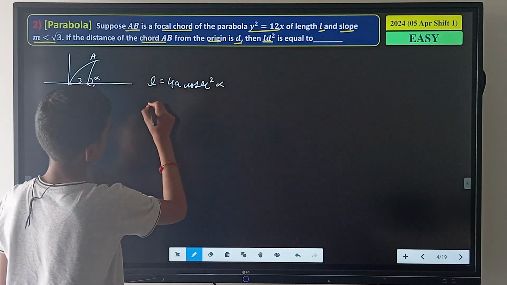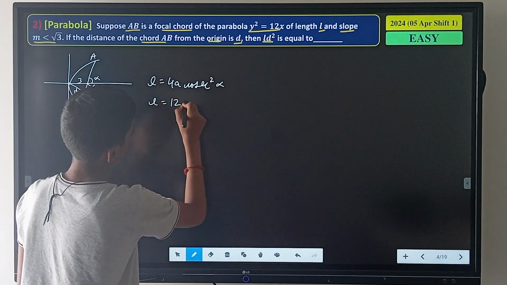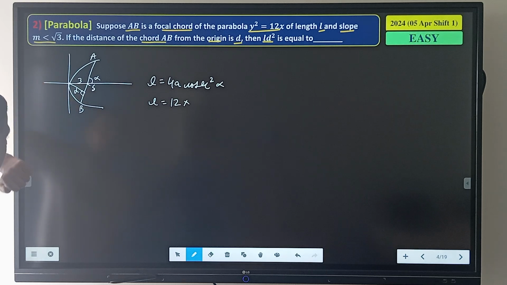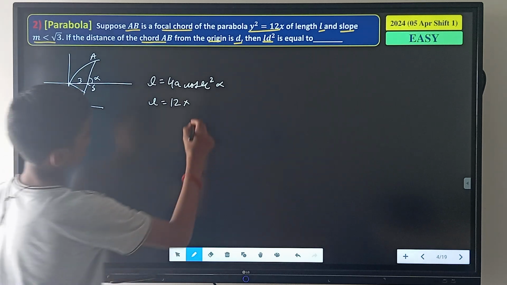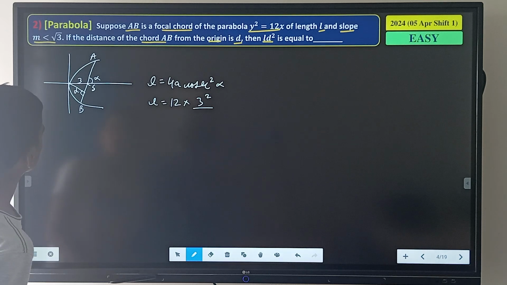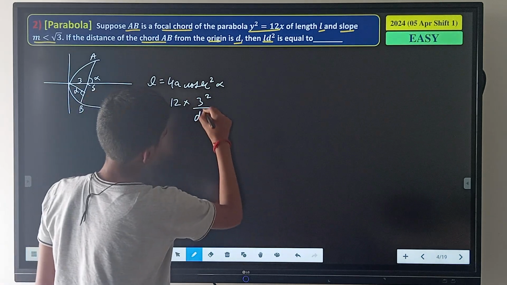Now this is equal to 12 into, from this right angle triangle I can say that cosec square alpha is hypotenuse square, which is 3 square, upon perpendicular square, which is d square.